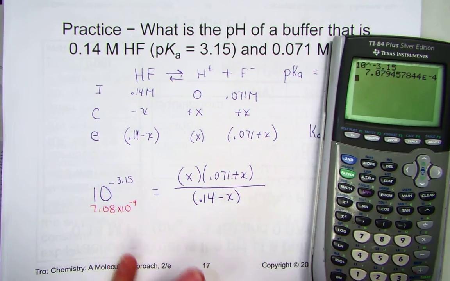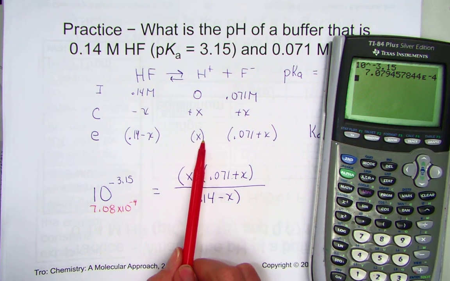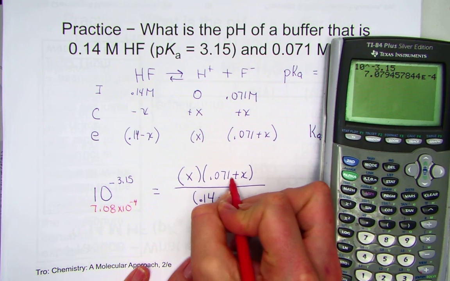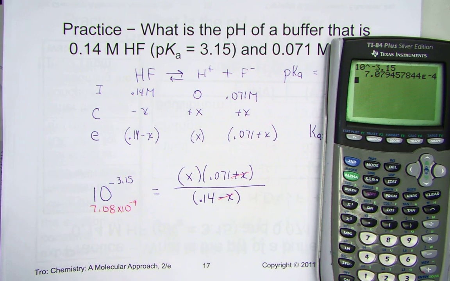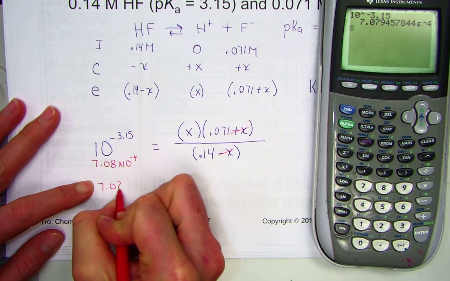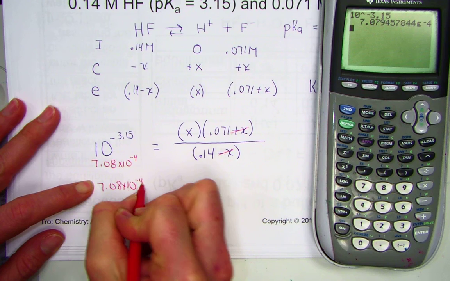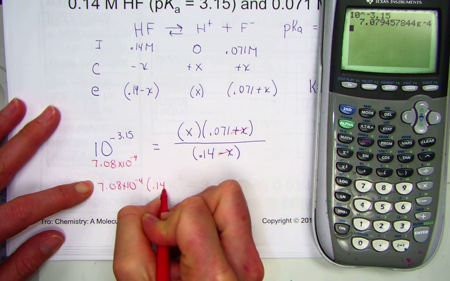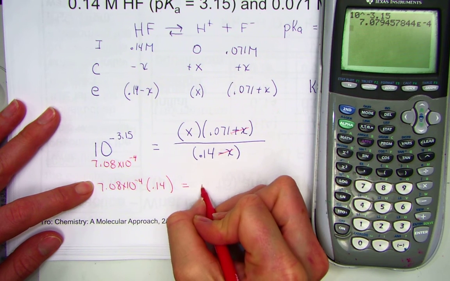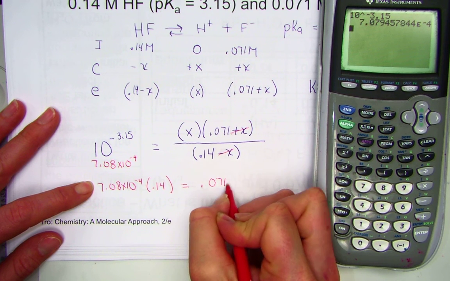Solve for x, and let's compare the value of x to the original 0.14. And let's just do that. Let's toss these out, and then we'll check. If it doesn't work, we'll come back and do the long math. So in other words, just kind of working this through, 7.08 times 10 to the negative fourth times 0.14 is equal to 0.071x.